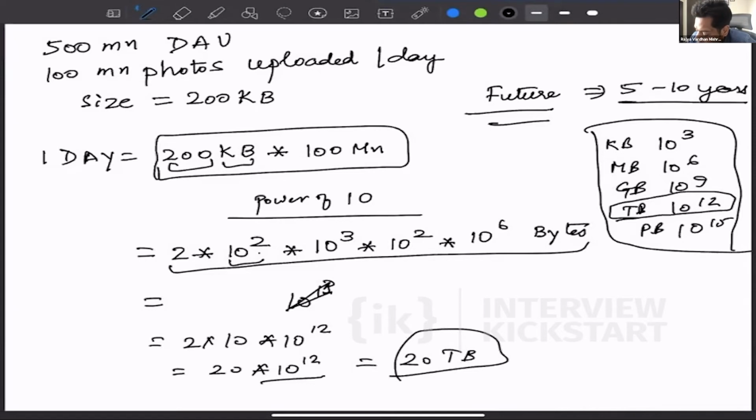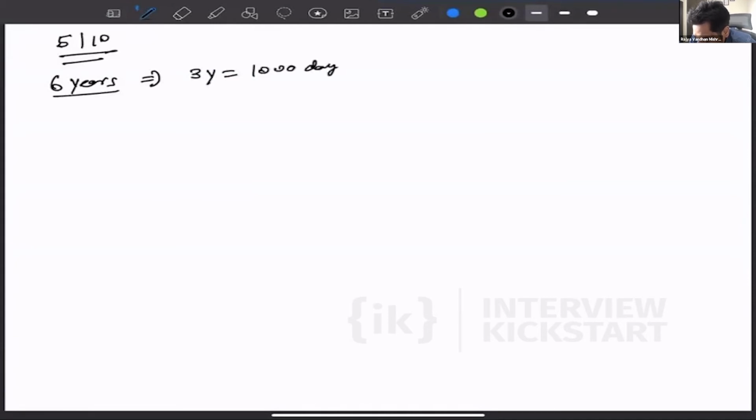Now how do I calculate it for 5 to 10 years? The trick here is that instead of thinking about 5 years or 10 years, you can think about 6 years, because by quick calculation, 3 years is equal to 1000 days, and 6 years is similarly 2000 days.